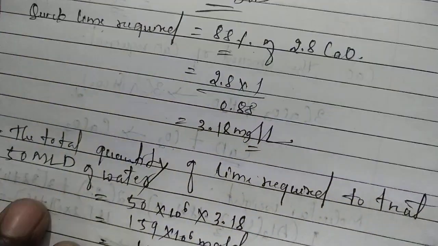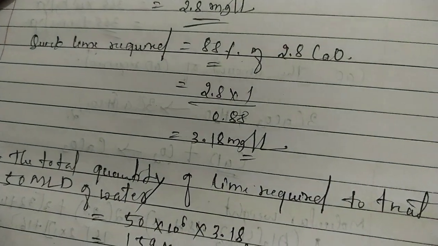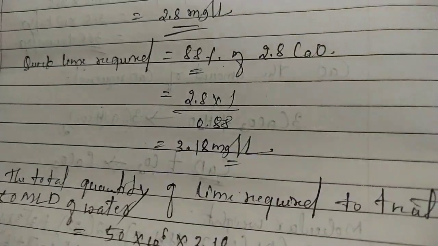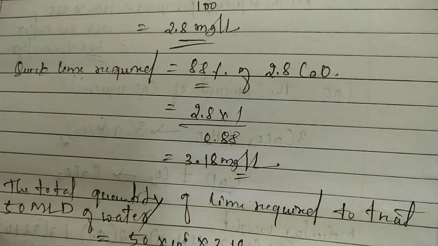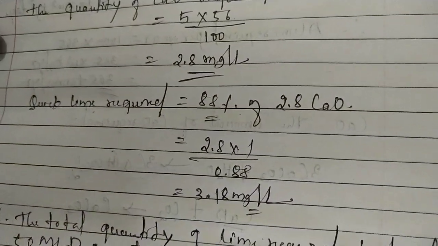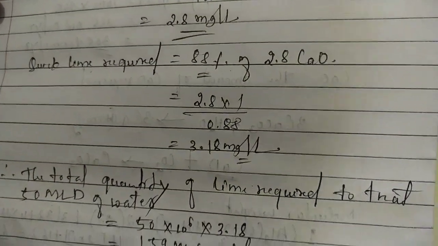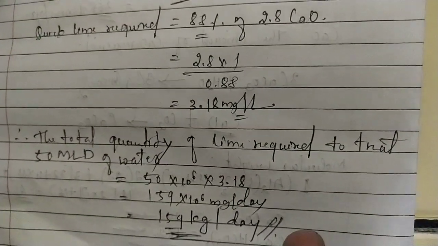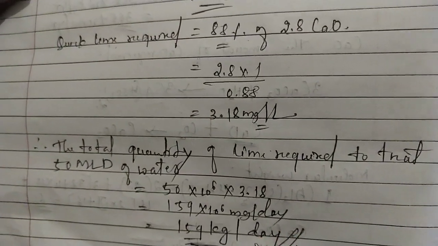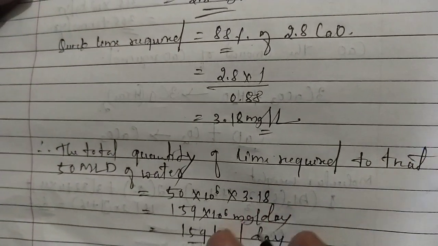So this is how to find out the amount of coagulant required for the water treatment plant for a particular quantity of water. In the next video we can take one more problem based upon the liberation of carbon dioxide.